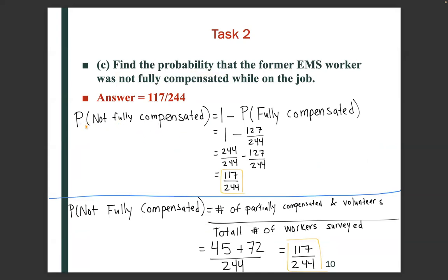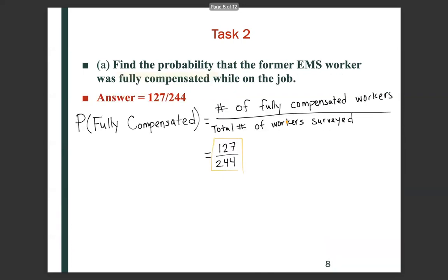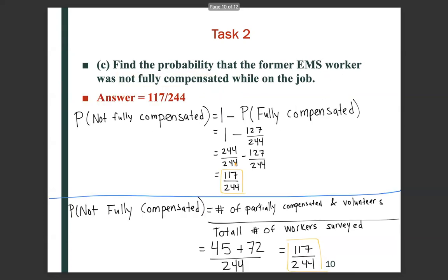The probability that the former EMS worker was not fully compensated equals 1 minus the probability that it was fully compensated. In part A, we found the probability of fully compensated, so that's 127 over 244. So we would just do 1 minus 127 over 244.